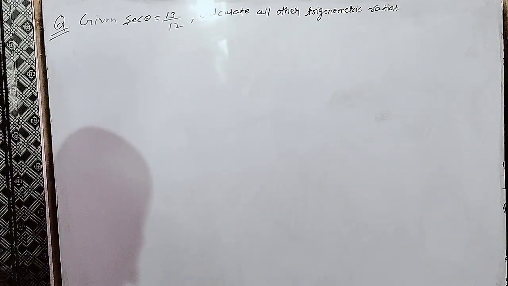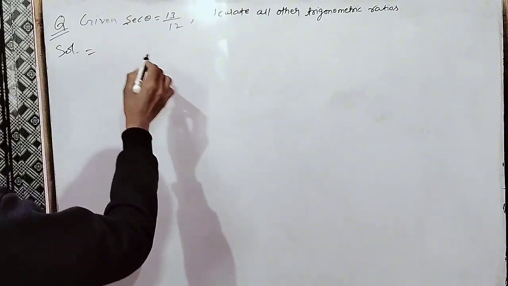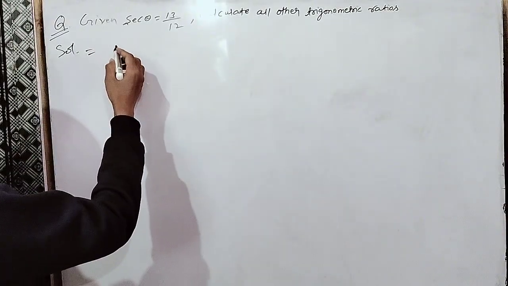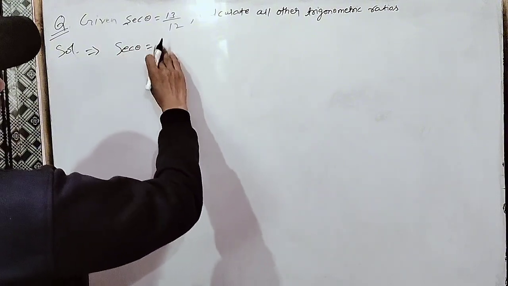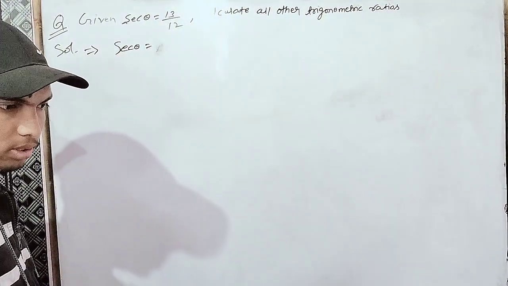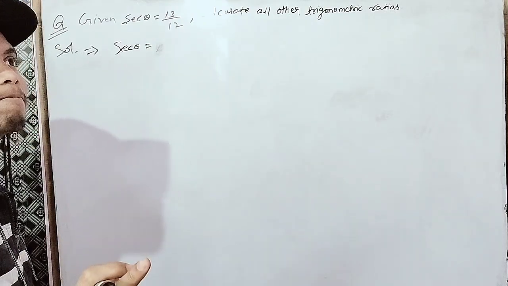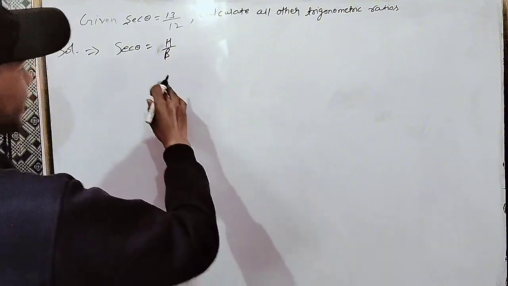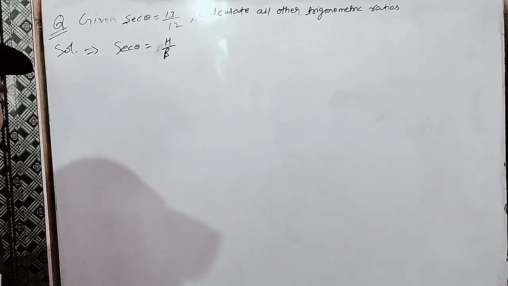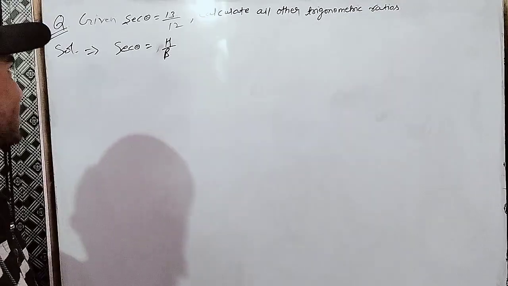So let's solve it together. Whatever we have been given, let's write it. Sec theta is H by B, the reciprocal of cos.